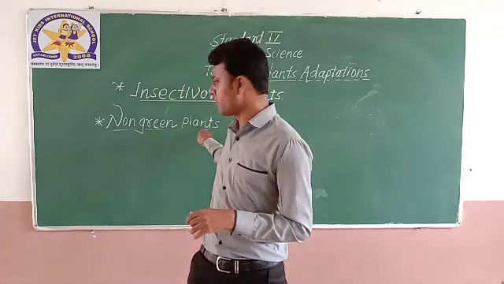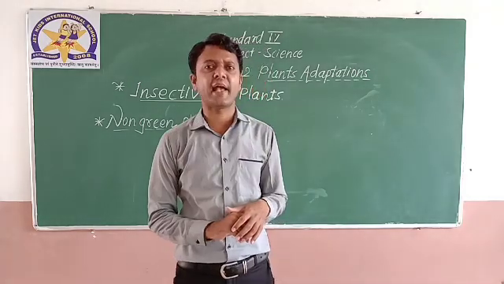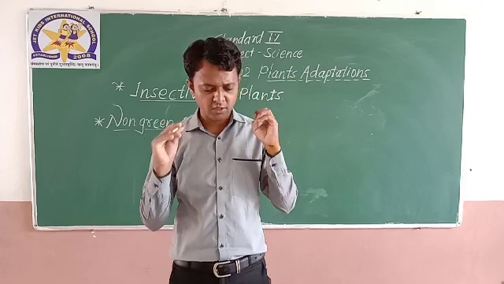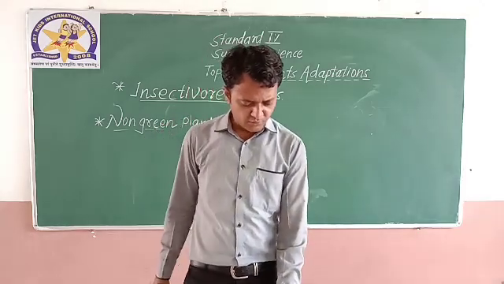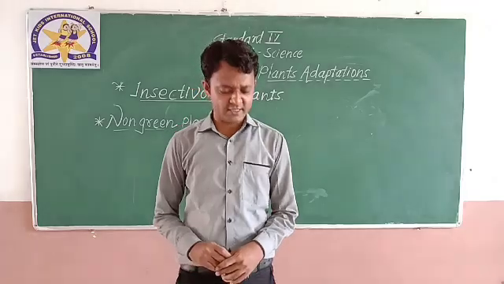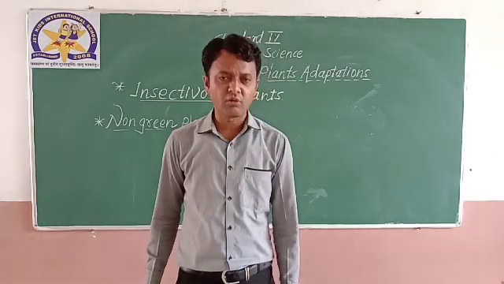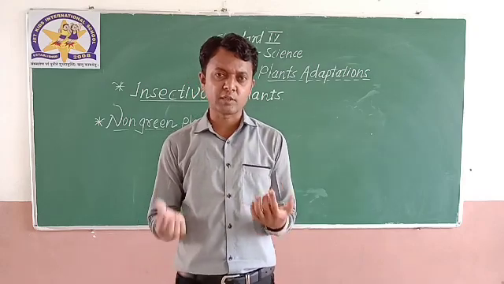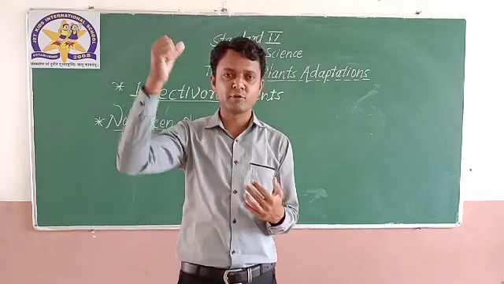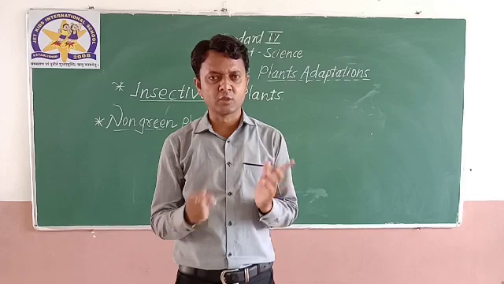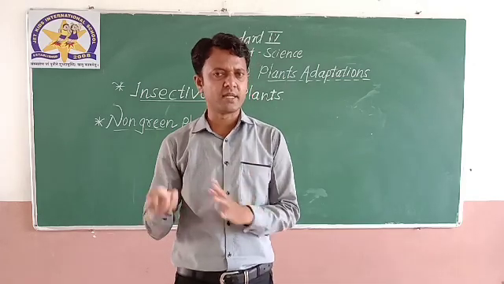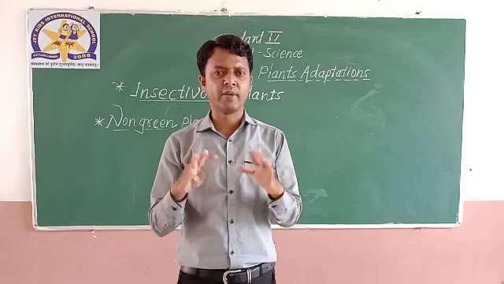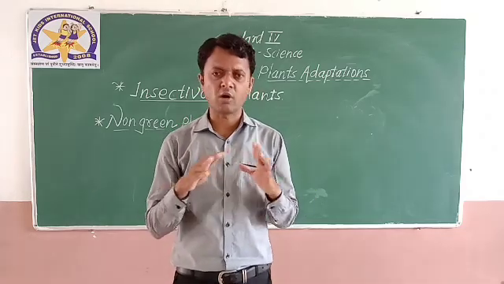So if there is a non-green plant, it means obviously there is an absence of chlorophyll. That is sure. So the green pigment chlorophyll is absent here. So these plants are not carrying out photosynthesis, obviously, because chlorophyll absorbs the sunlight, and if there is no chlorophyll, there is no sunlight absorbed, and if there is no sunlight, the photosynthesis process will not occur.